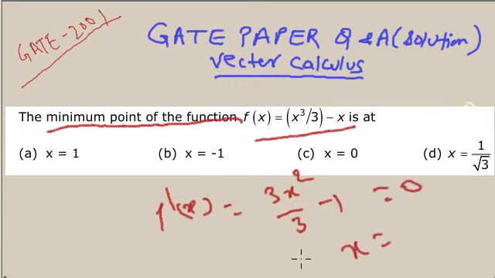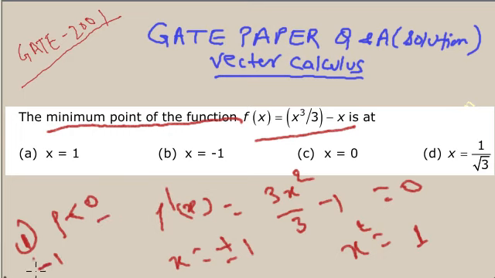So x squared is 1, so x is plus or minus 1. If you put plus 1 here, f dash x is negative, and if you put minus 1, f dash x is positive. So the minimum value is at 1. So the answer is this.